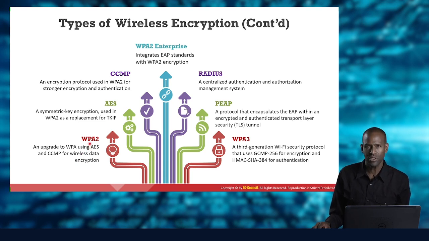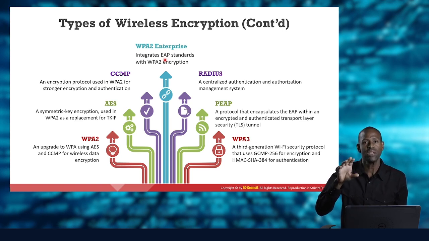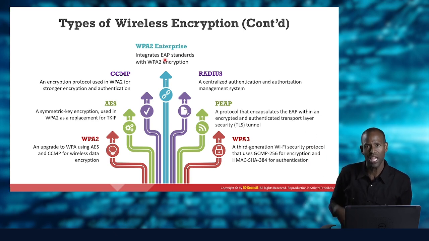But WPA2 Personal, what it does is it does the authentication right there at the wireless access point, whereas WPA2 Enterprise uses EAP and possibly 802.1x and uses another server, not the access point, to authenticate the user, like for instance a Radius server or some other type of authentication server.